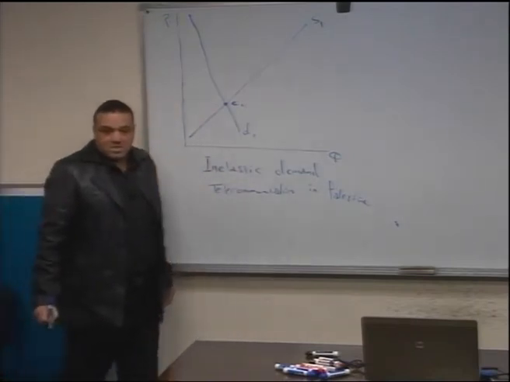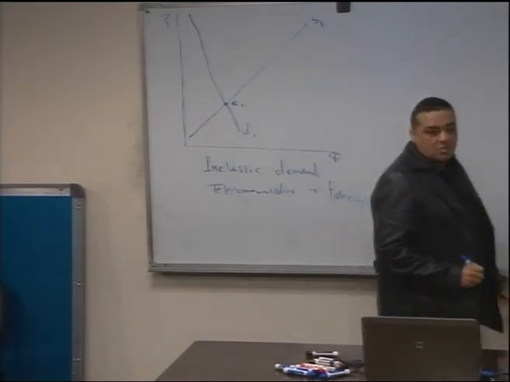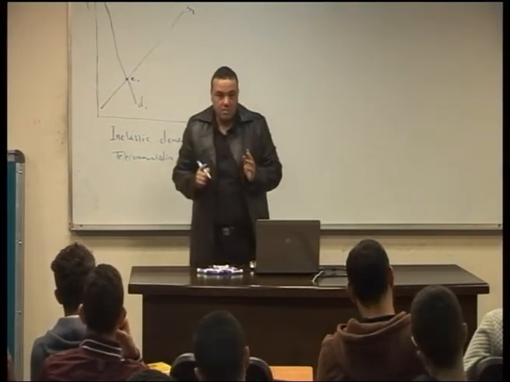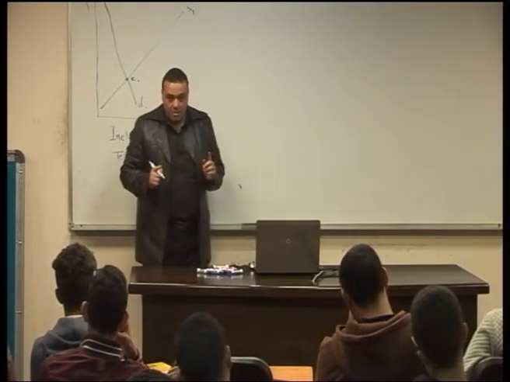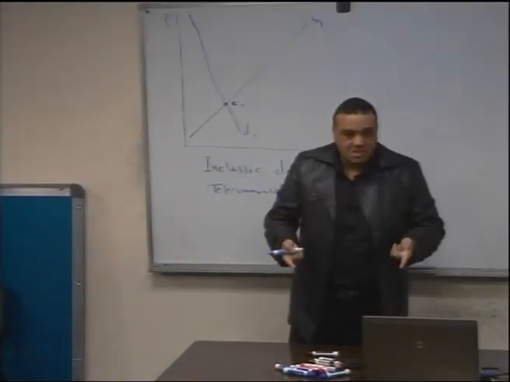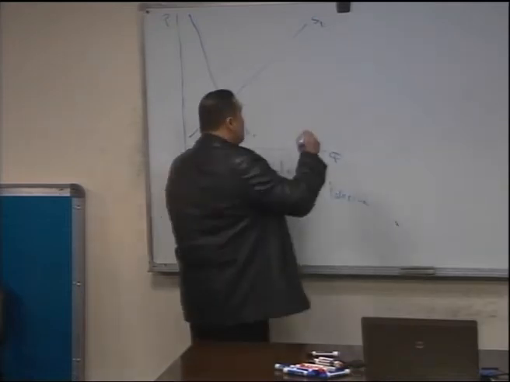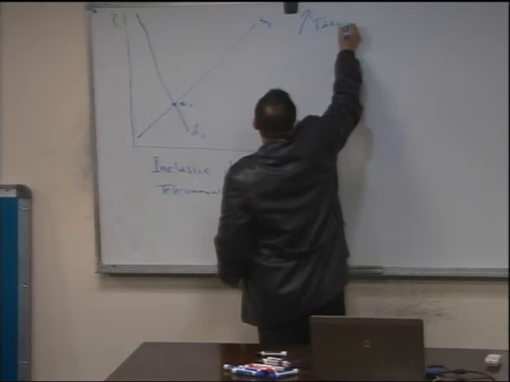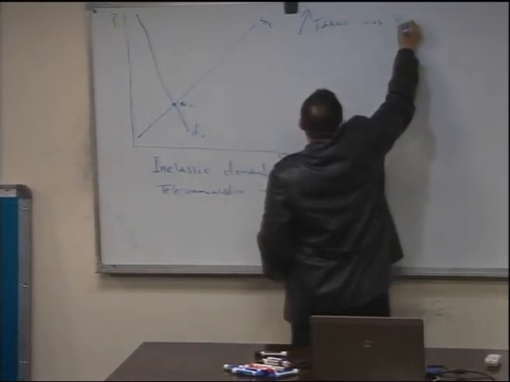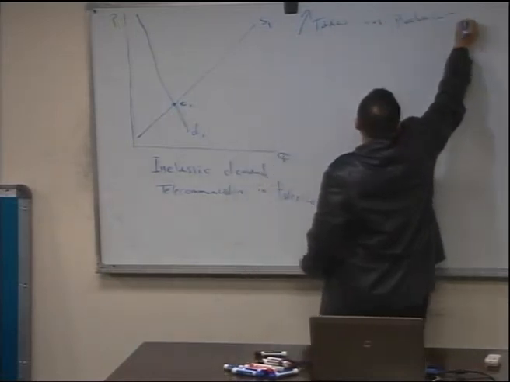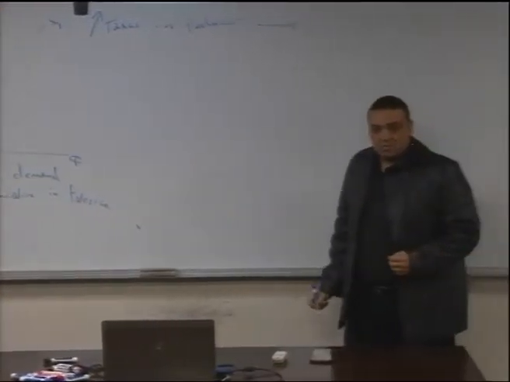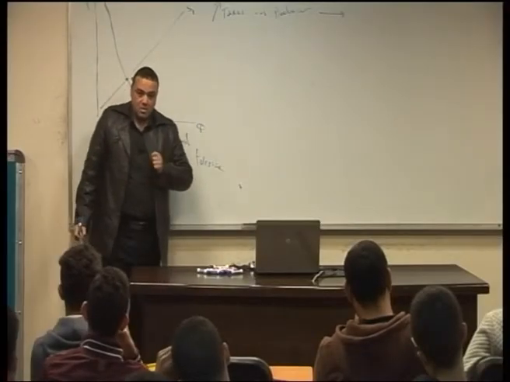Now, let us assume that the government decided to impose a tax on the producer. Imposing taxes on the producer leads to a decrease in the ability to produce.